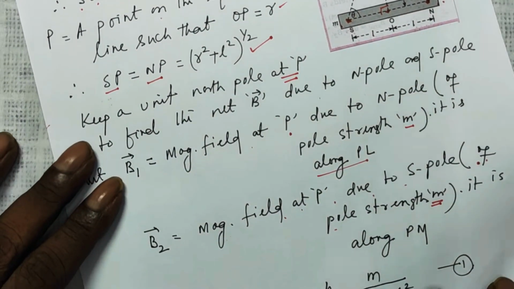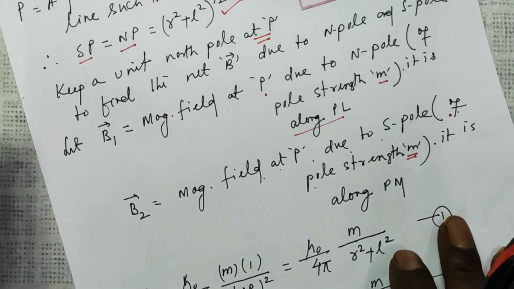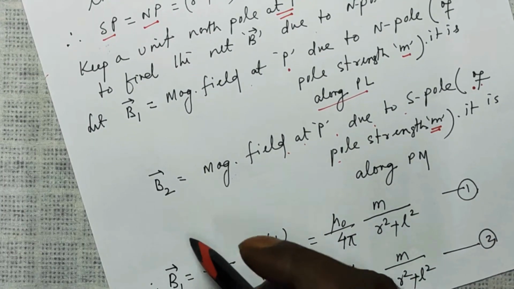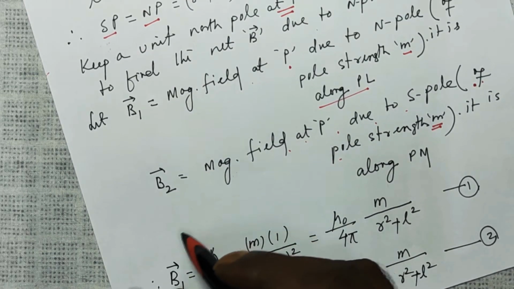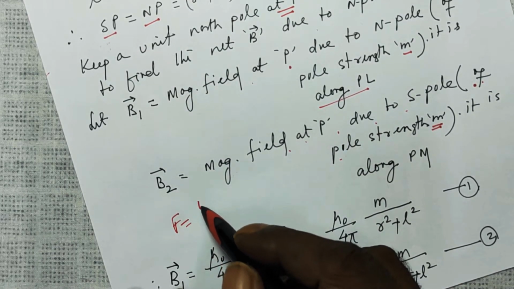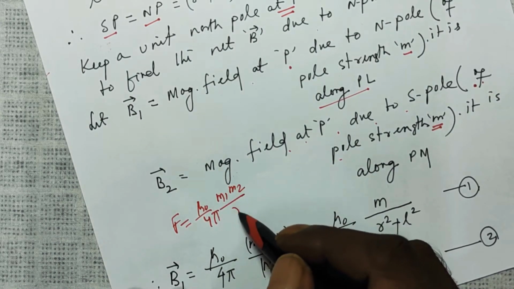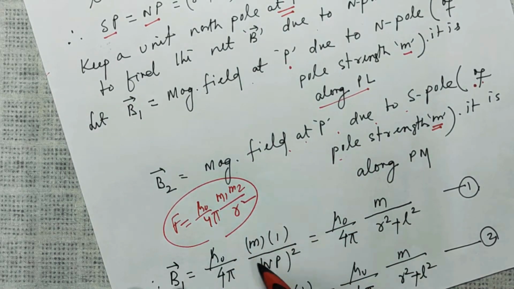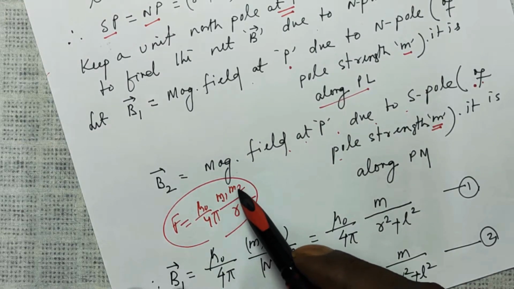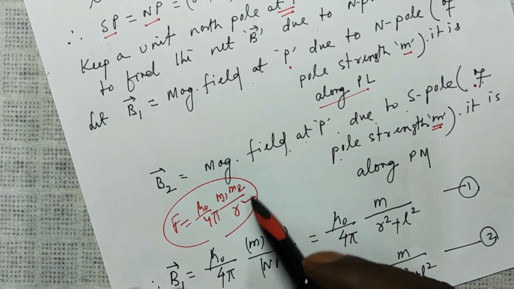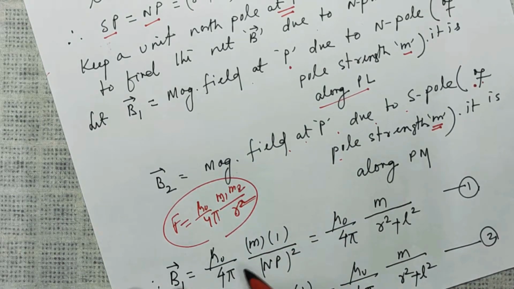Now, using Coulomb's law in magnetism, the force was equal to mu naught over 4 pi, m1 m2 divided by the distance square, where m1 and m2 were the pole strengths of two different poles and r was the distance between them.